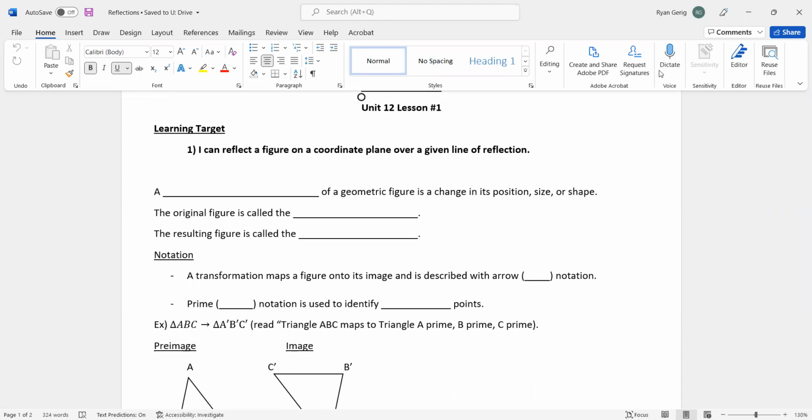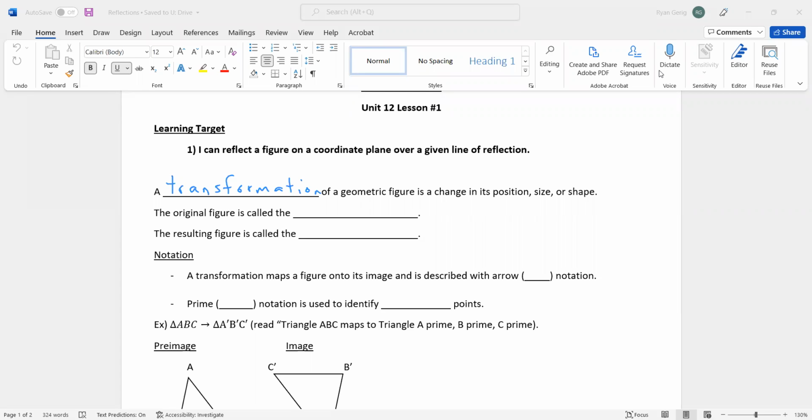So the unit is called transformations, and I'm going to first give you a definition of what transformations are. A transformation is a long word, first of all. A transformation of a geometric figure is a change in its position, size, or shape.